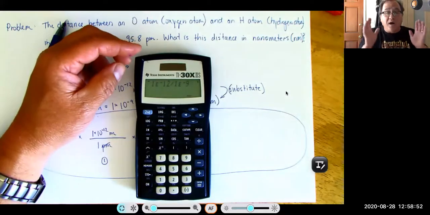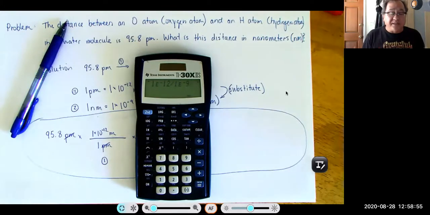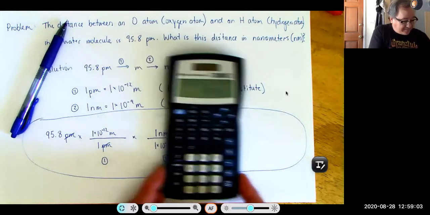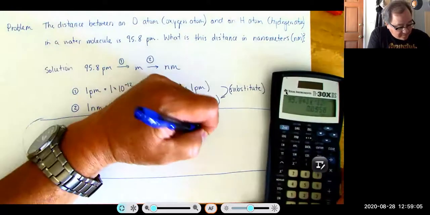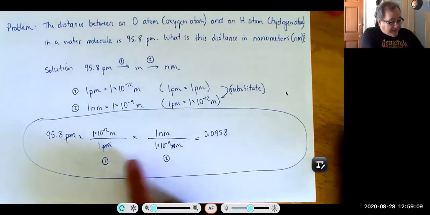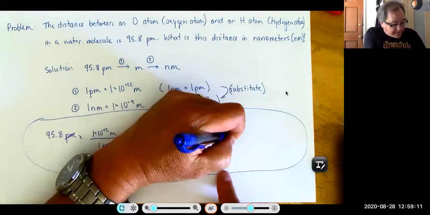Again, that 1E negative 9 is 1 times 10 to the minus 9 in parentheses. Equals, and we get 0.0958. And what are the units? Everything canceled except for nanometers, so I'm done.